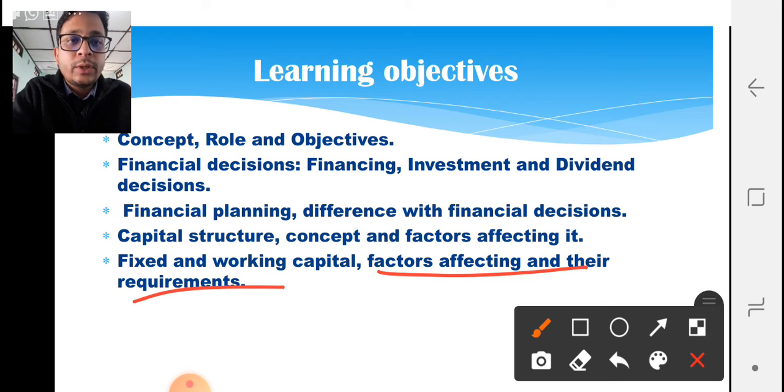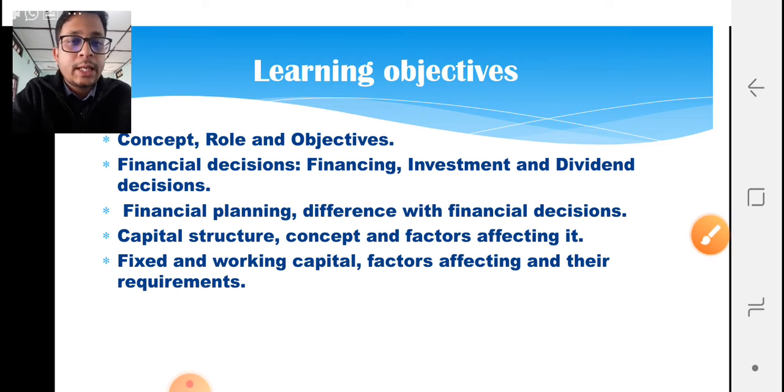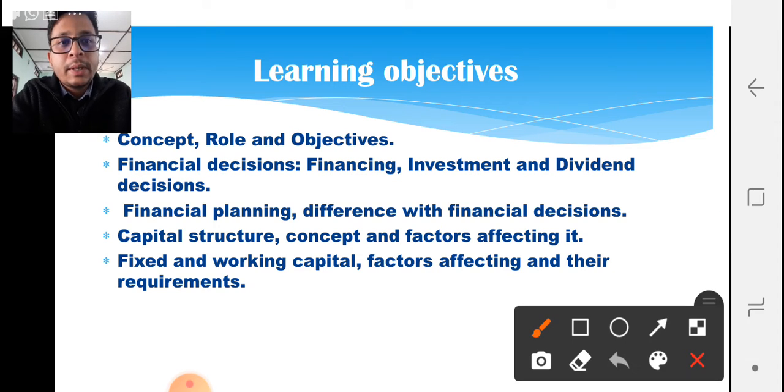Now whenever we talk about fixed capital and working capital, the fixed capital can be acquired by issuing equity shares, or also by taking long-term credits from a particular bank. And working capital is usually required to maintain fixed capital.